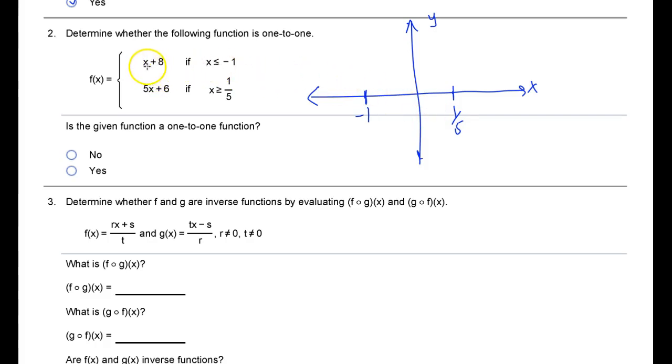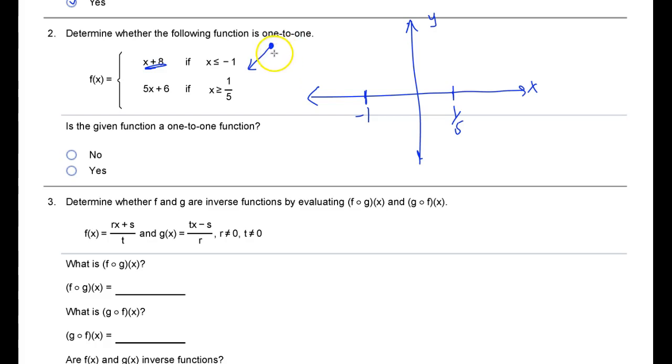So here we know that our function first looks like the line x plus 8 for all values of x that are less than or equal to -1. So we know that this line is going to be a line with a positive slope because here the slope is understood to be 1, but it's going to stop whenever x is equal to -1. So our line is going to look something like this.